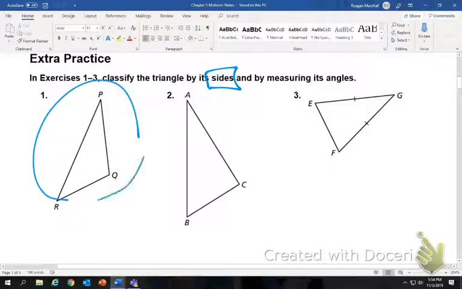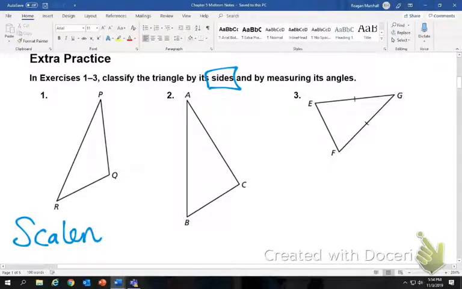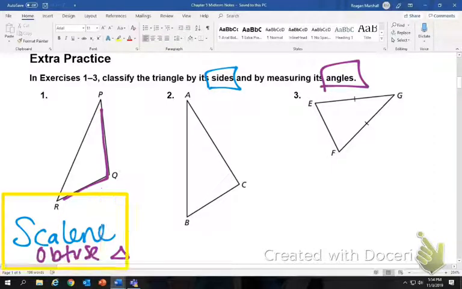So by its sides, in the first one, I don't see any marked congruent, so that makes them scalene. And then classifying by its angles, the largest angle is Q, which is obtuse. Number 2, by its sides, it is still scalene, because none of them are congruent.